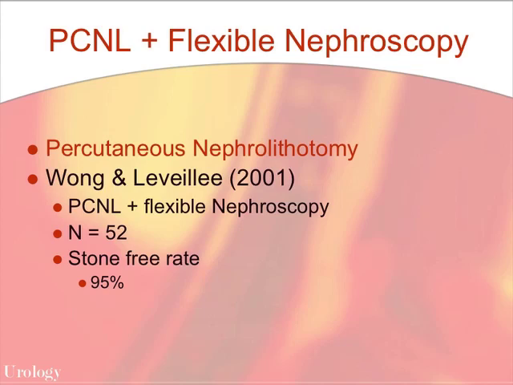On average, it took 1.6 procedures to complete clearance of the stone, and the estimated blood loss on average was lower than previously stated, at 238 milliliters. The complication that they endured in these patients was an episode of hydrothorax, and 6 patients had febrile episodes.